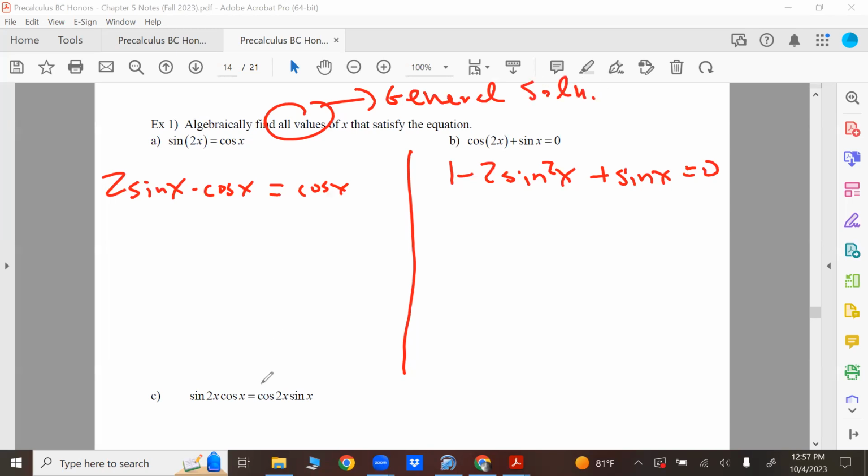And then down below, I think you're going to do 2 sine x times cos x equals... oh boy. Not terribly obvious which one I should use, but what do you see in the lesson? You see sine x and cos x. What variation do you think would be the best choice?